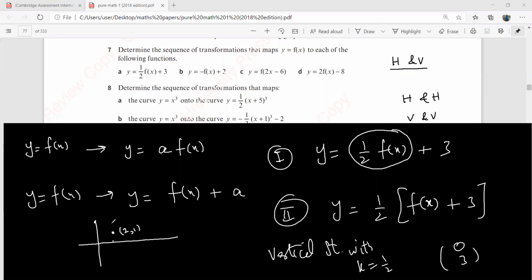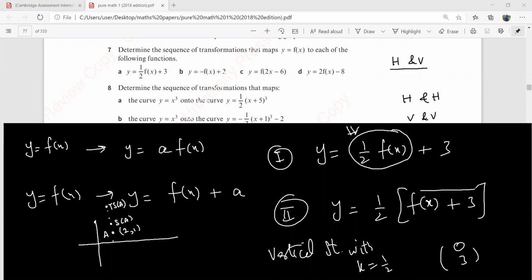So you will stretch this over here, and then you translate this with the column vector 0, 3. If this is your A, this point is S of A, and then this is going to be 1, 2, 3. So this is TS of A over here. So you are stretching first and then you're translating.